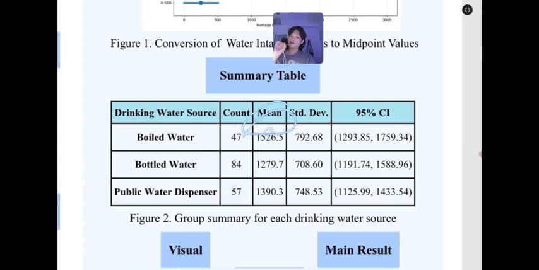We also have their mean, standard deviation, and 95% confidence interval. In the boiled water group, the average student drinks 1,526.5 milliliters of water, the bottled water group drinks 1,279.7, and the public water dispenser group drinks an average of 1,390.3 milliliters each day.